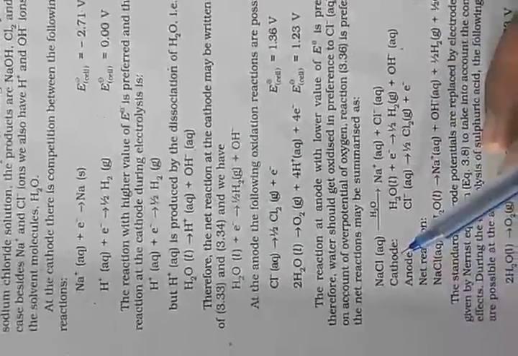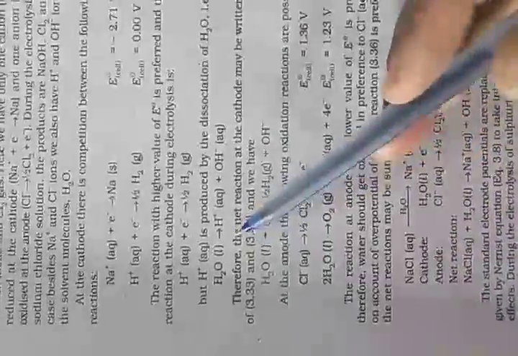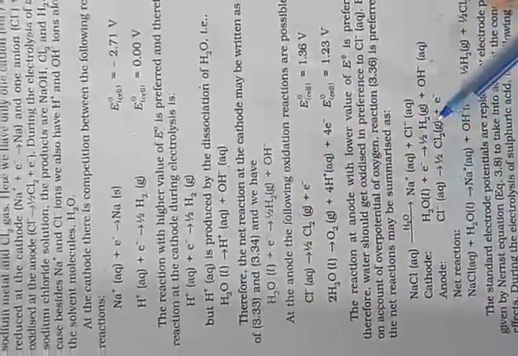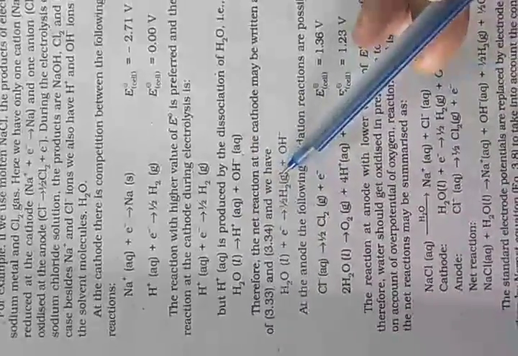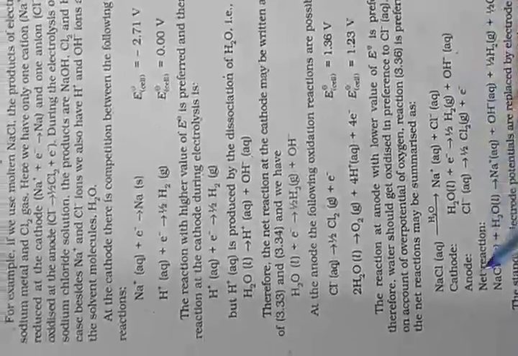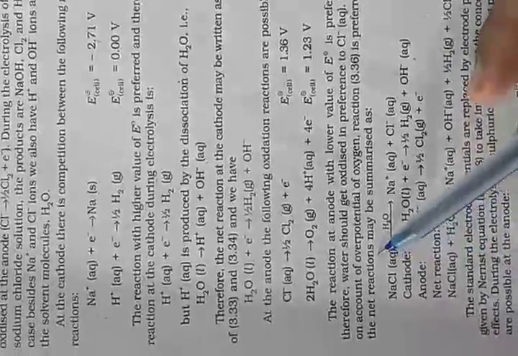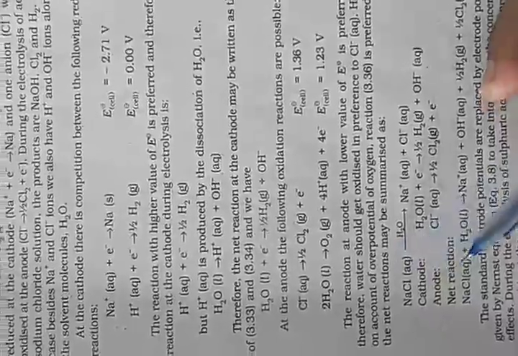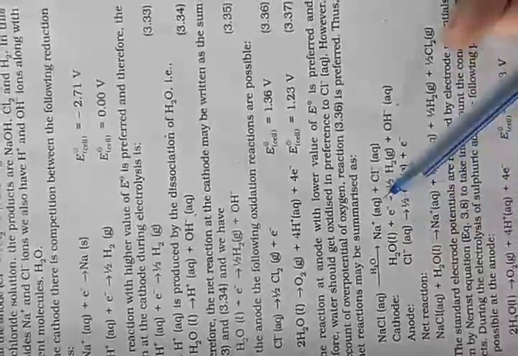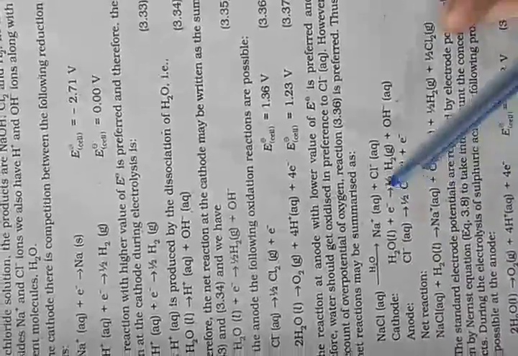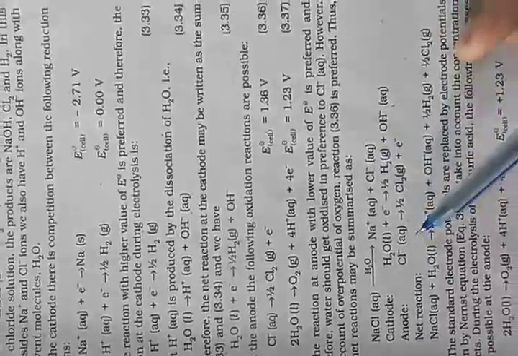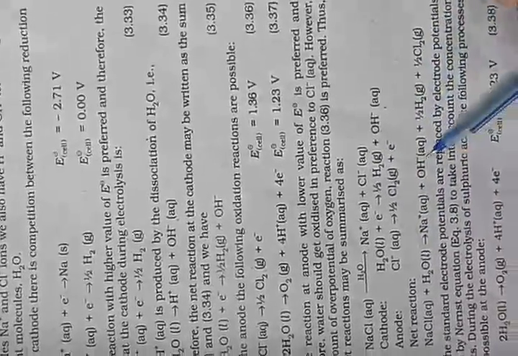This is the net reaction, but you have to show aqueous. At the cathode, H2O plus an electron gives 1/2 H2 plus OH-, and at the anode, Cl- gives 1/2 Cl2 plus an electron. So the net reaction is NaCl plus H2O; you have to combine these on this side. On this side you get Na+, and the Cl and Cl are going to cut, so Cl2.